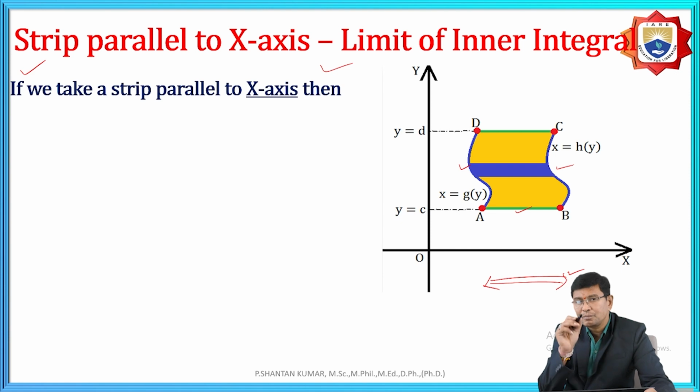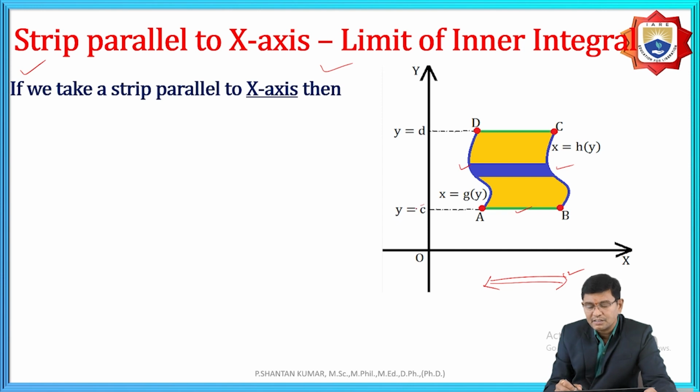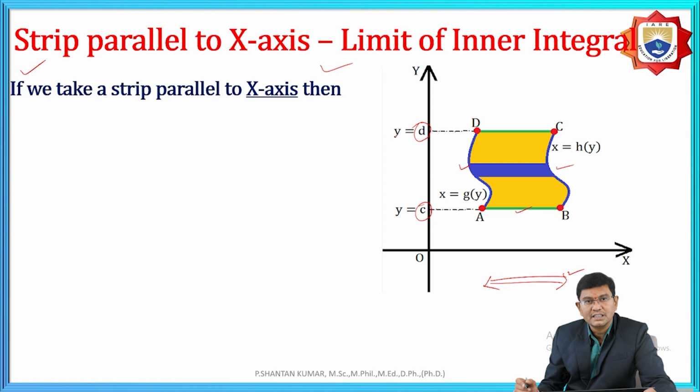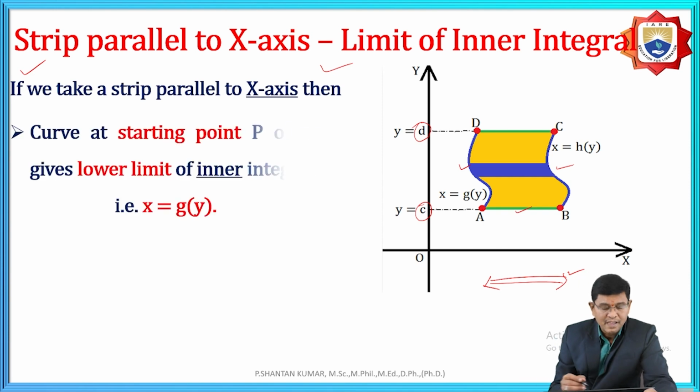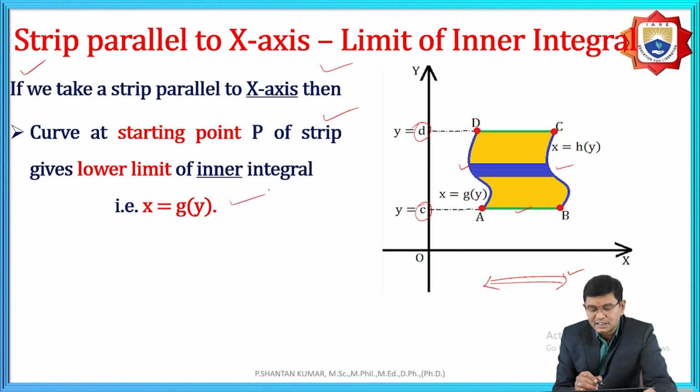Next we come to the y limits. The y inner limit is the lower part, C, and the outer limit is D. Based on this simple logic, we discuss further. Here the curve at the starting point of the strip gives the inner part, x equal to g of y, and the outer part is x equal to h of y.